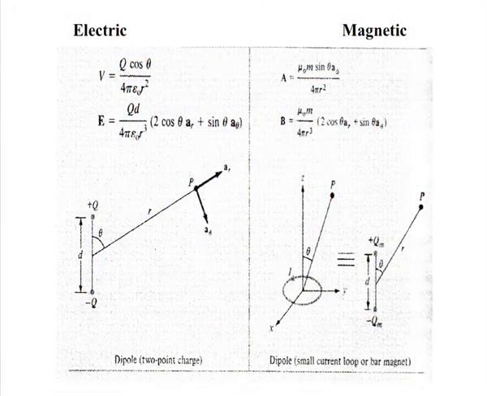However, for the second case, that is for a dipole, the expression for V in the electrostatic case is Q d cos theta upon 4 pi epsilon naught r square, whereas that for the electric field intensity is Qd upon 4 pi epsilon naught r cube into 2 cos theta ar plus sin theta a theta. We have similar expressions for the vector magnetic potential A and the magnetic flux density B, as can be seen in the figure.